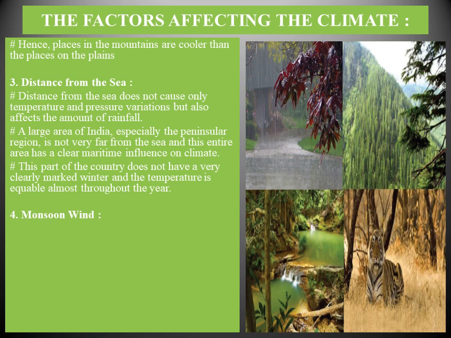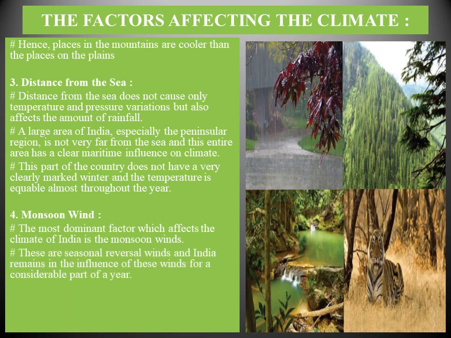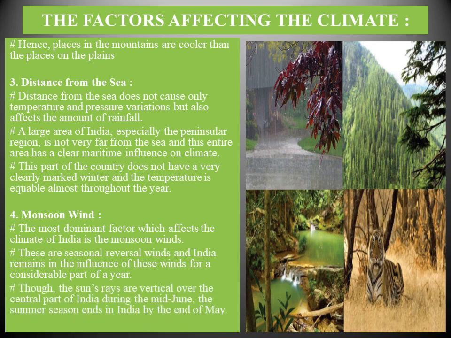The next factor affecting the climate is monsoon wind. The most dominant factor which affects the climate of India is the monsoon winds. These are seasonal reversing winds and India remains under the influence of these winds for a considerable part of the year. Though the sun's rays are vertical over the central part of India during mid-June, the summer season ends in India by the end of May.